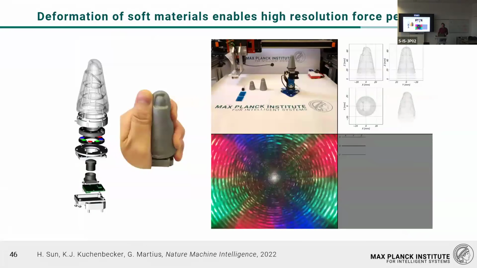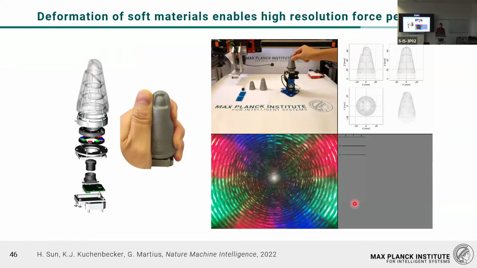The deformation of soft materials can also be used to make very versatile sensors. This is an example from Professor Katherine Kuchenbecker and Professor Georg Martius from Uni Tübingen. Professor Kuchenbecker is also here at Max Planck Institute for Intelligent Systems, where they built a visual sensor. So you have a camera here, some LEDs here, that film the deformation of a soft thumb-like structure.